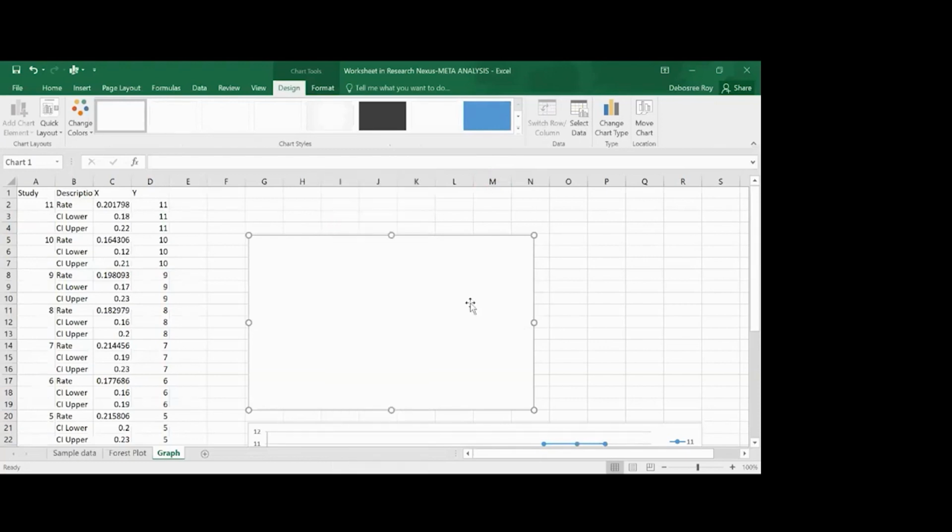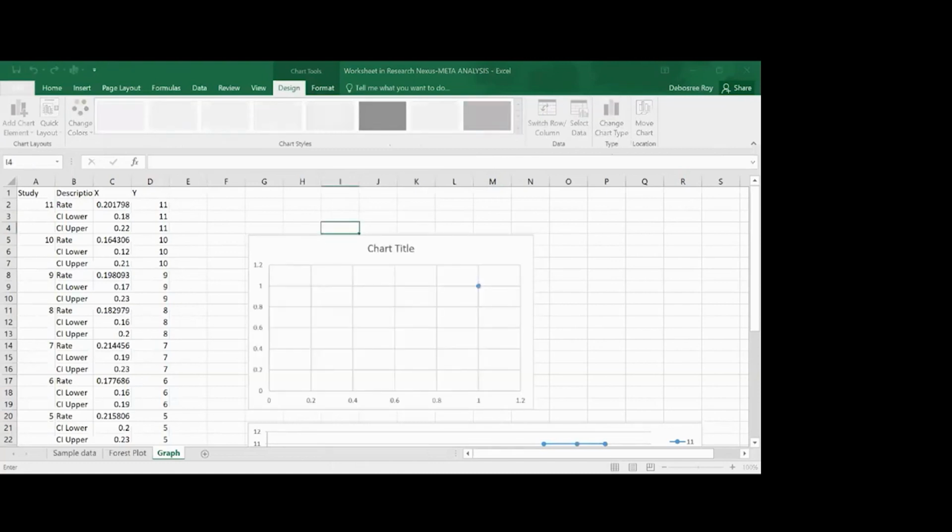So this is a scatter plot, and you select data, you add a value, a series name is this, then X, literally this, and Y, literally this. And you see already you have a scatter plot coming along.